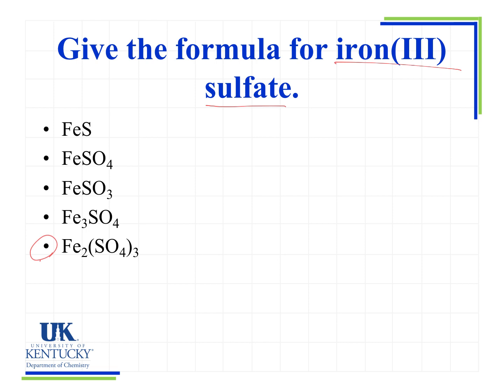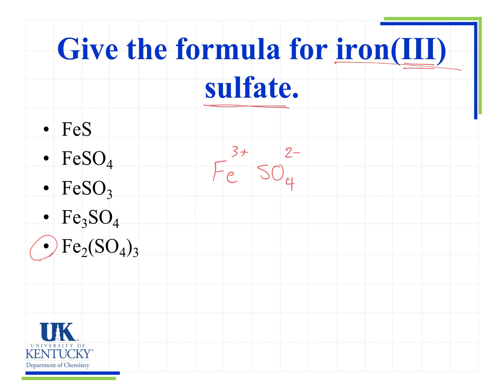So for writing the formula for an ionic compound, if you remember from the last video, first we have to write the ions. So it's Fe3 plus. How do I know it has a 3 plus charge? Because of the Roman numeral, it says iron 3, so it's Fe3 plus. And sulfate is one of the polyatomic ions you have to memorize, so it's SO4, and you have to know the charge is 2 minus.